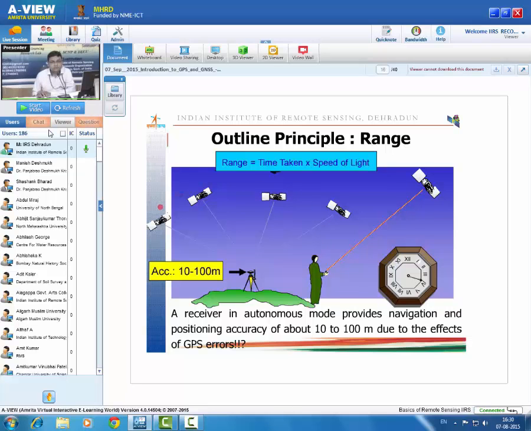When four such satellite signals are received by the GPS, we get the position with an accuracy of 10 to 20 meters in general, and previously we used to get 10 to 100 meters because of a phenomenon known as selective availability, which I will explain tomorrow. So the range is equal to the time taken, that is the delta t, into the speed of light.